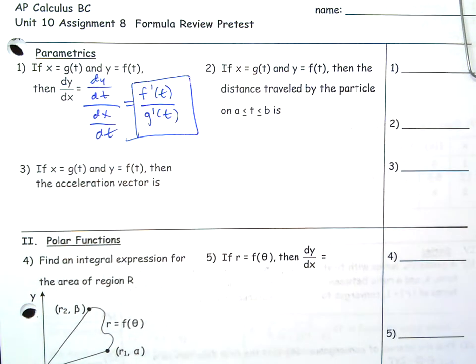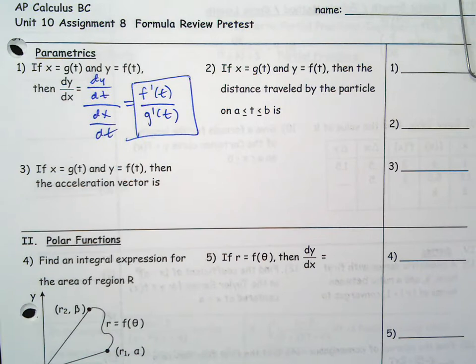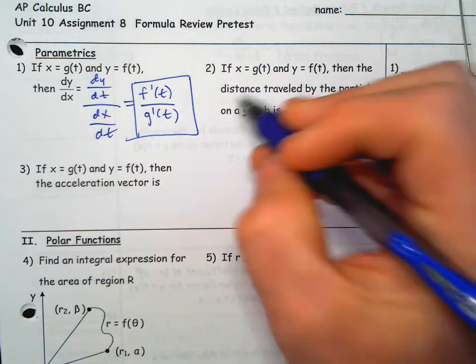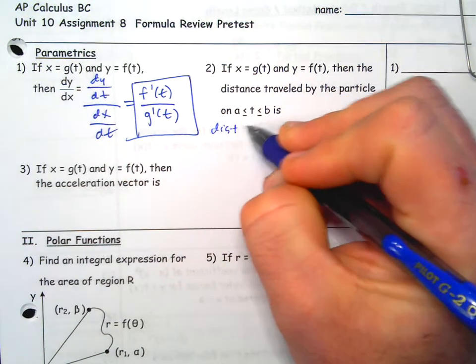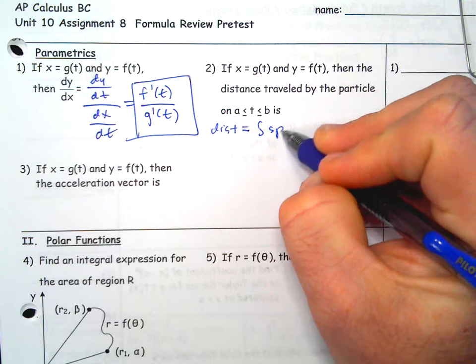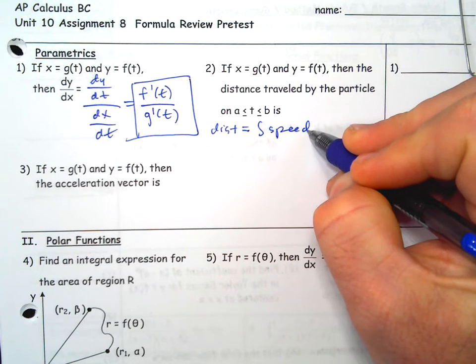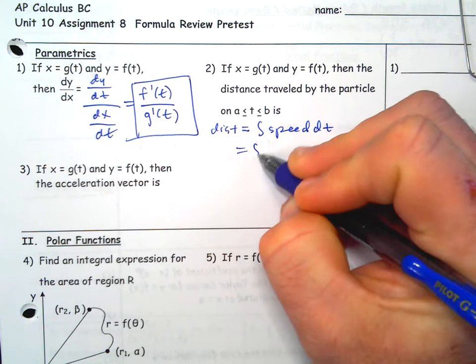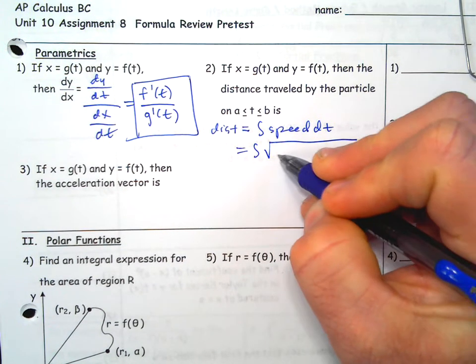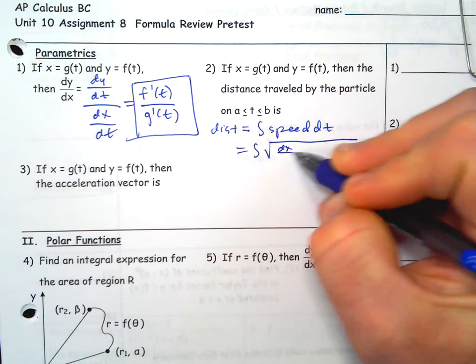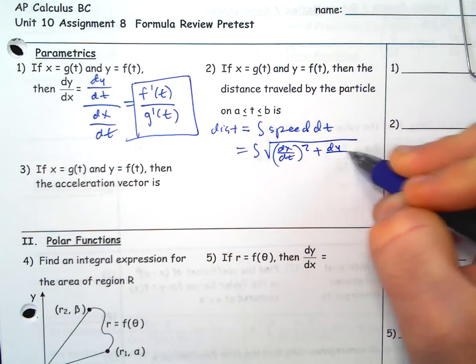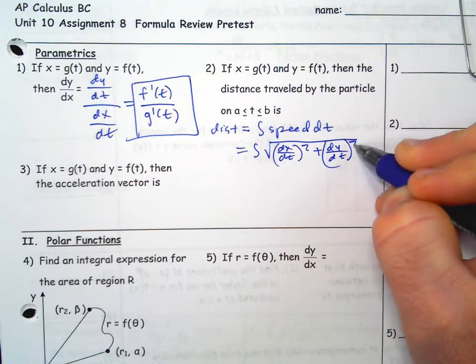Number two, if x equals g(t) and y equals f(t), then the distance traveled by the particle from A to B is what? Okay, so distance is the integral of speed, which is the integral of the square root of (dx/dt) squared plus (dy/dt) squared dt.